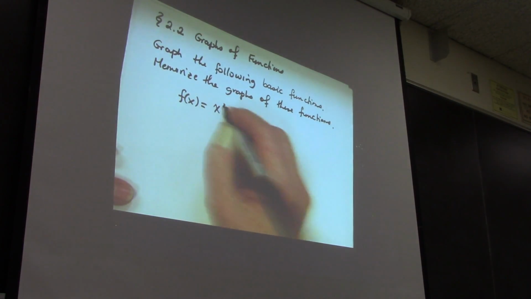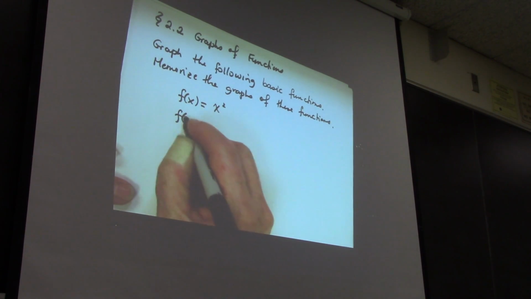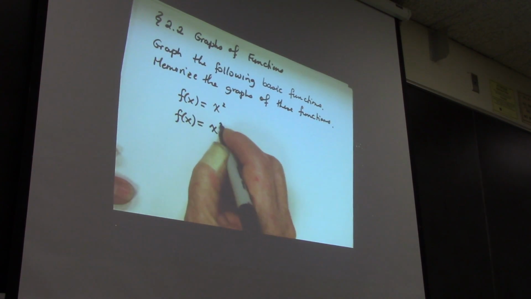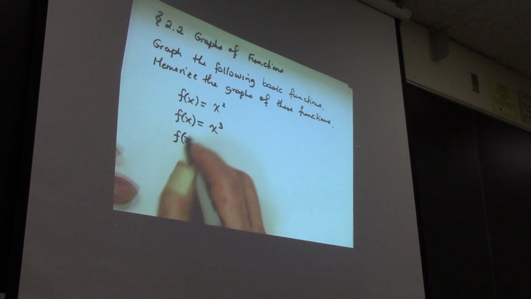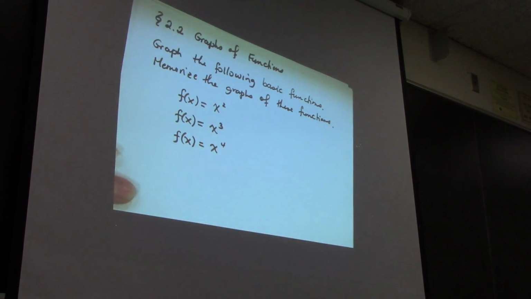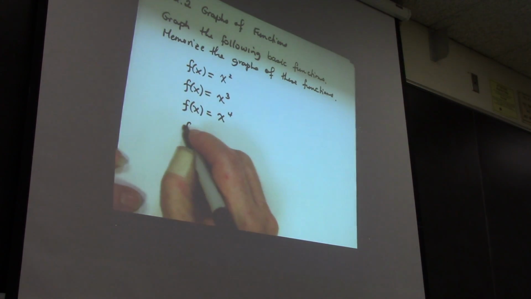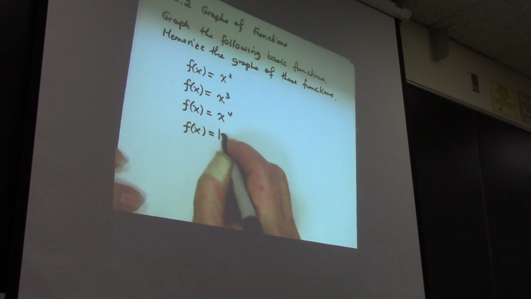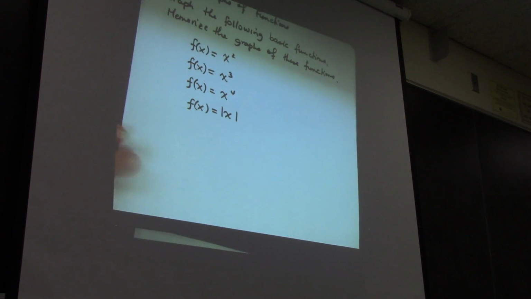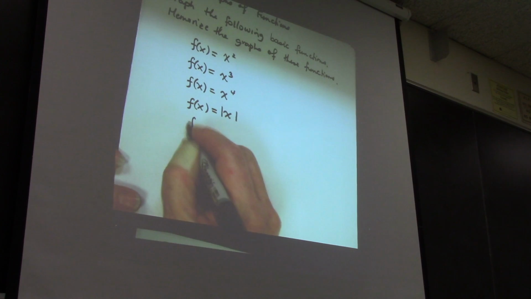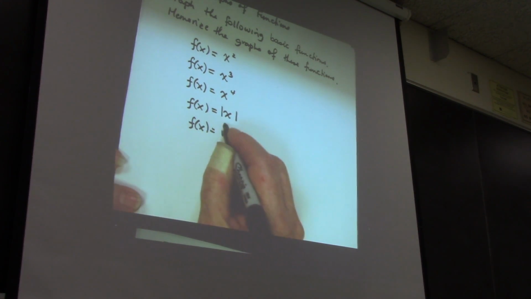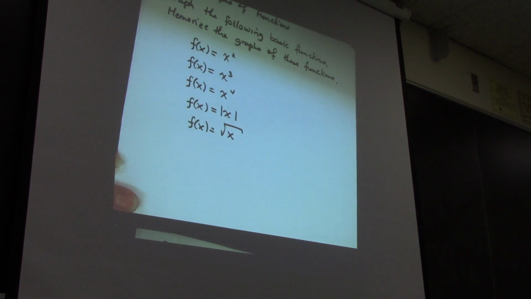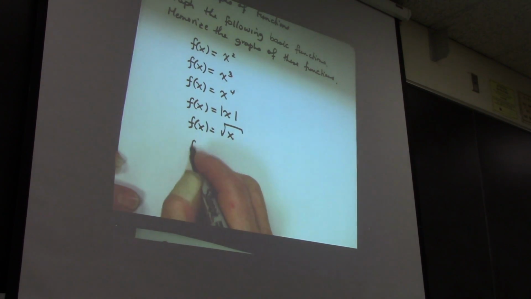So f of x equals x squared, x cubed, x to the fourth, which you probably don't know what that looks like. F of x equal to the absolute value of x, hopefully you know what that looks like. F of x equal to the square root of x, you may or may not know what that looks like.